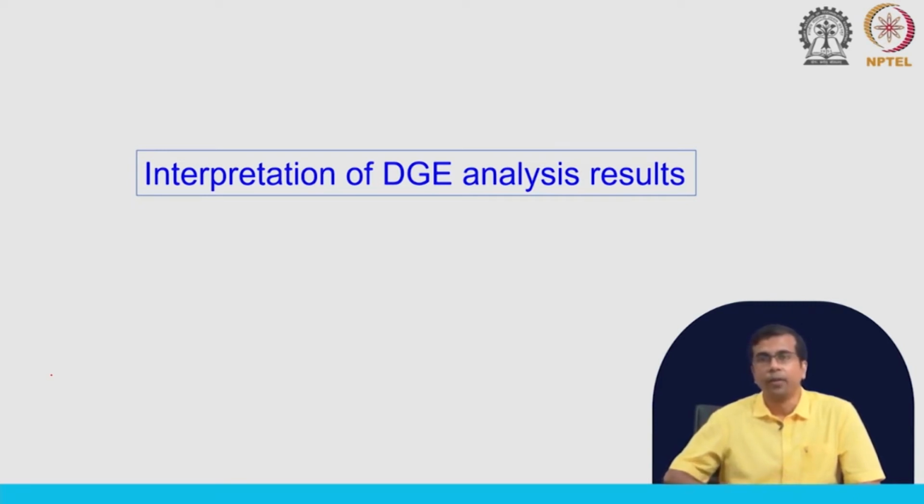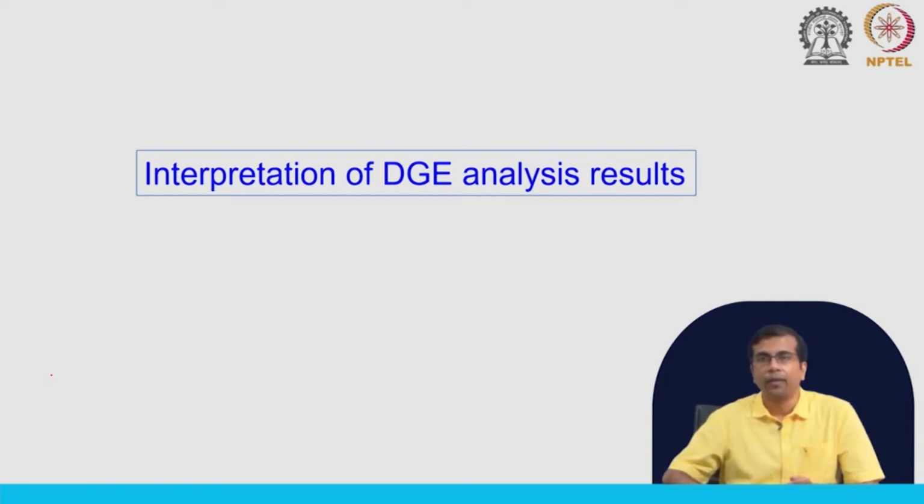Okay. So, now we want to move into the results part. We have generated these results and we have understood all the components of the results. We have talked about log2 fold change, we have got the p values, we have got the p adjusted values, and we now understand how these p values and p adjusted values are generated, and we have generated a list of differentially expressed genes by applying an FDR cutoff of 10%.